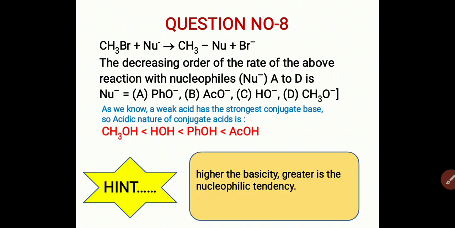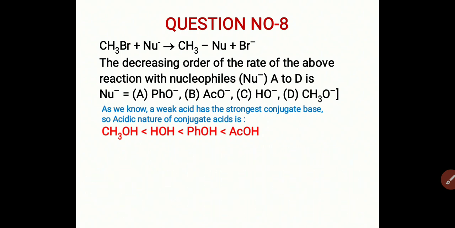So in this particular case, out of the 4, the strongest acid is acetic acid. Acetic acid is strongest, which means the weakest nucleophile is AcO minus, B.